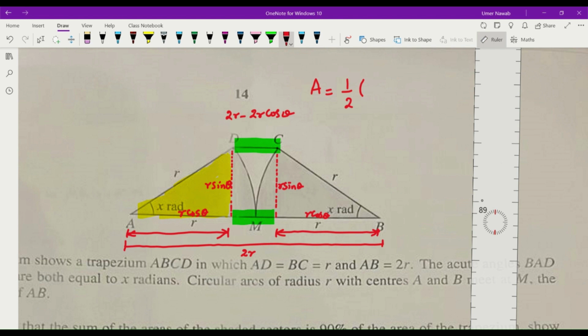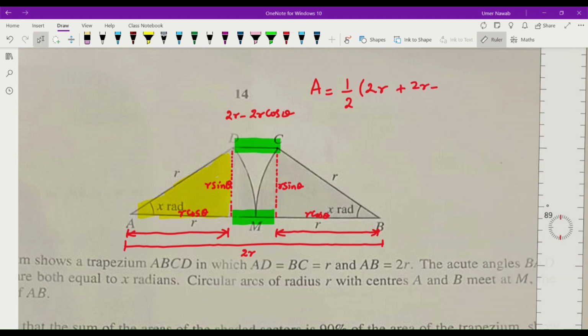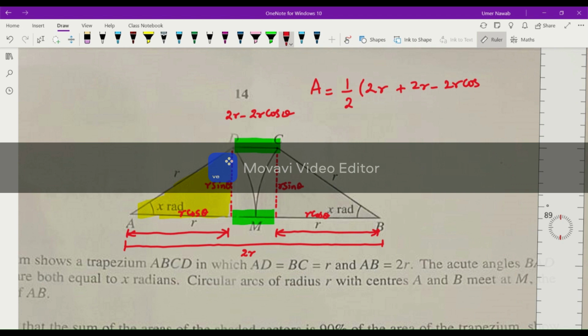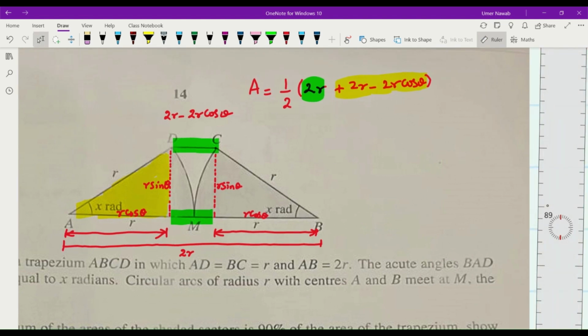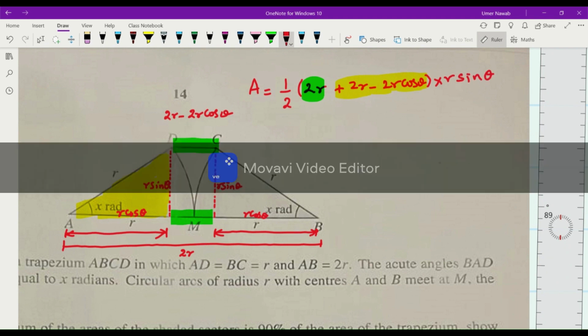Now, if I want to find the area of this trapezium, it would be half times the sum of the parallel sides. The first side AB is 2R, and the DC side is 2R minus 2R cosine theta. Clear? 2R is my AB side, and 2R minus 2R cosine theta is my DC side, times height, and the height is R sine of theta.